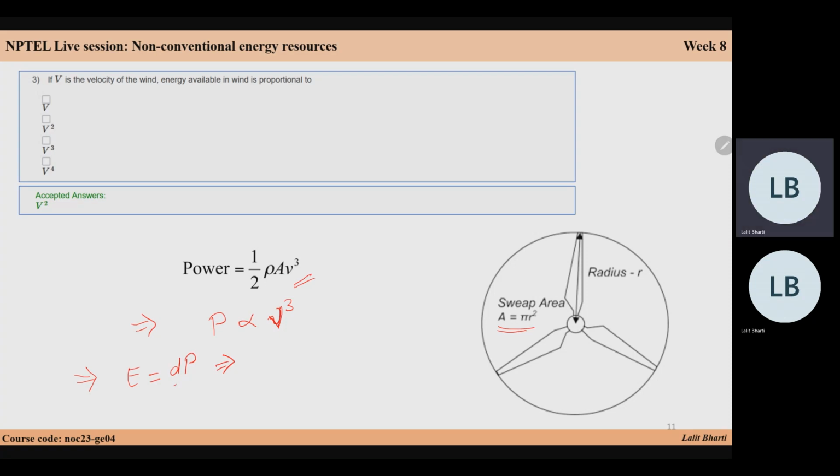So if you want the relation between energy and velocity, you just need to get this relation. There will be some constant, then v to the power 2, so simply the energy E is proportional to v to the power 2.